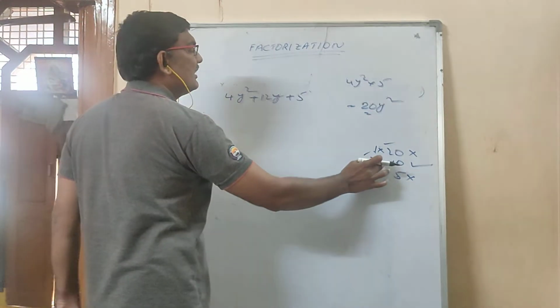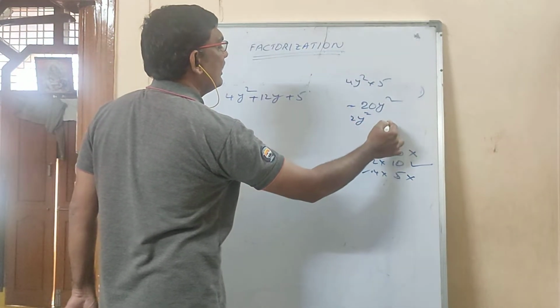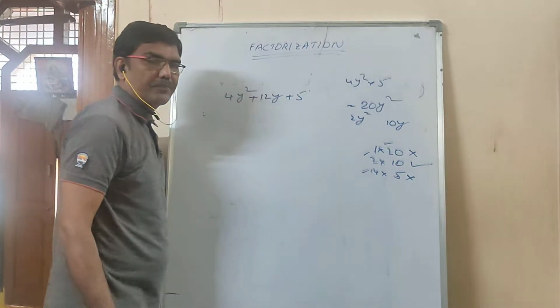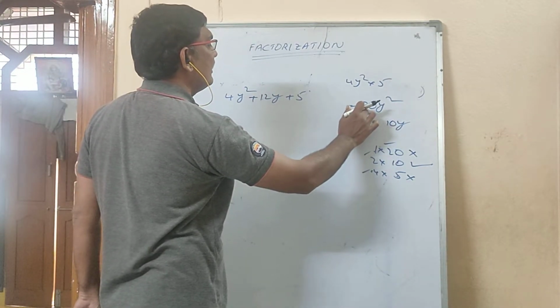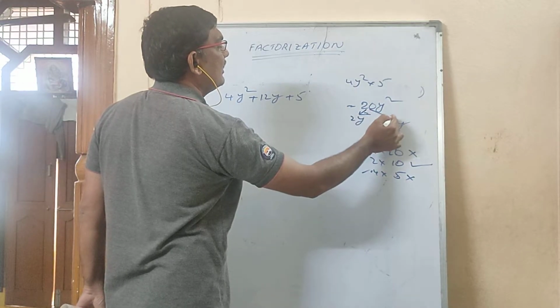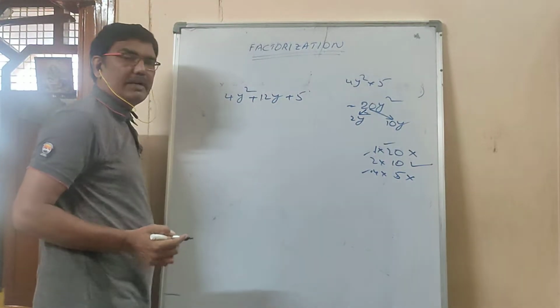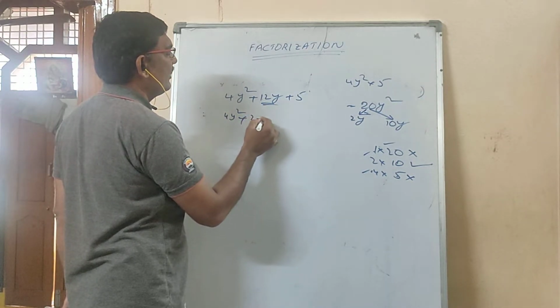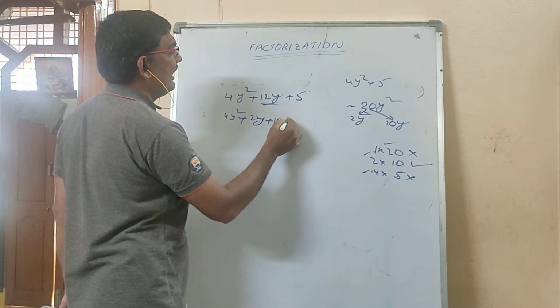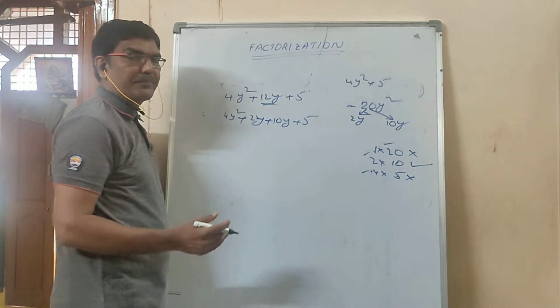So select this one, means 2y and 10y. Now these two if you multiply you are getting 20y square, and these two if you add you are getting 12y. Now 4y square as it is, 12y as 2y plus 10y, plus 5.